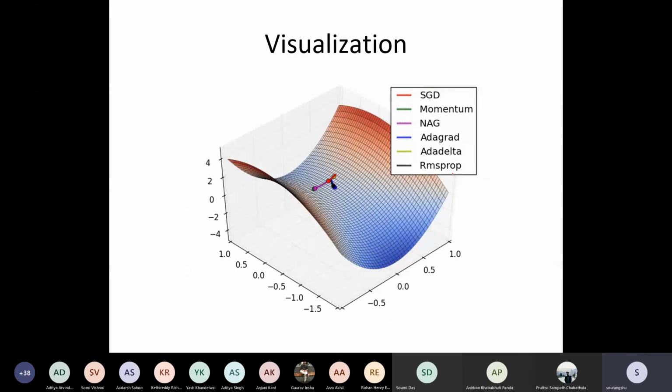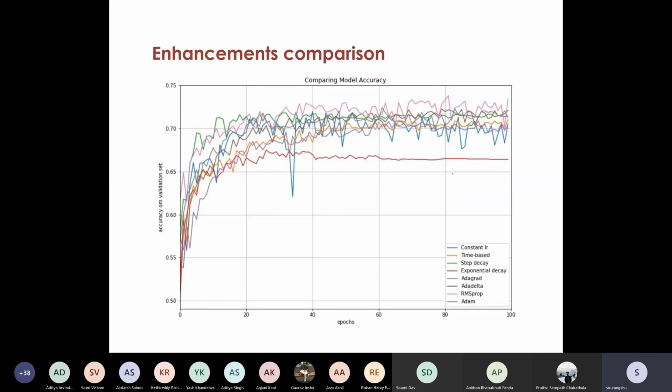And again, this is another visualization of the same set of methods. Here you can see again that RMSProp performs pretty good. This one is Adam, so Adam also performs very good.